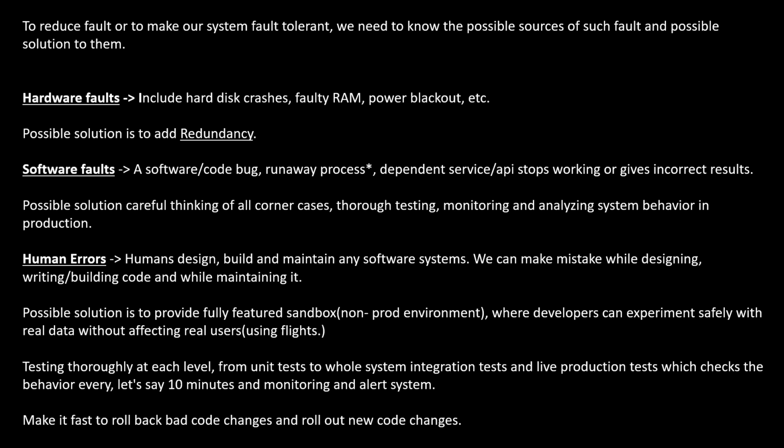We can experiment with different data, we can analyze, we can monitor, just to make sure that if something goes wrong, we can quickly identify the root of the problem, fix it, and then resolve the issue, thereby making the system fault tolerant to human errors as well.